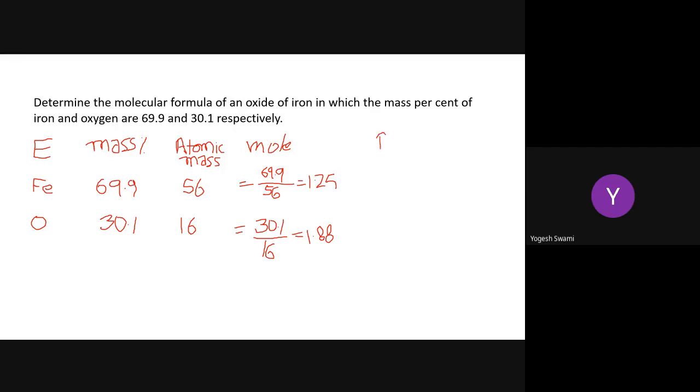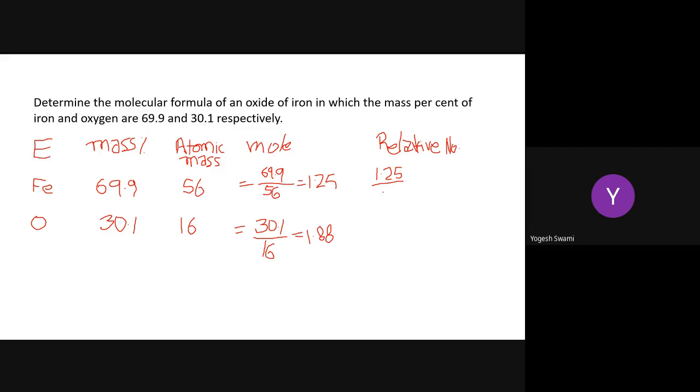Let's find the relative number, the ratio in which these are present. Among these two values, 1.25 and 1.88, which one is the least? सबसे छोटा कौन है? That is 1.25. So we divide all these values by 1.25.